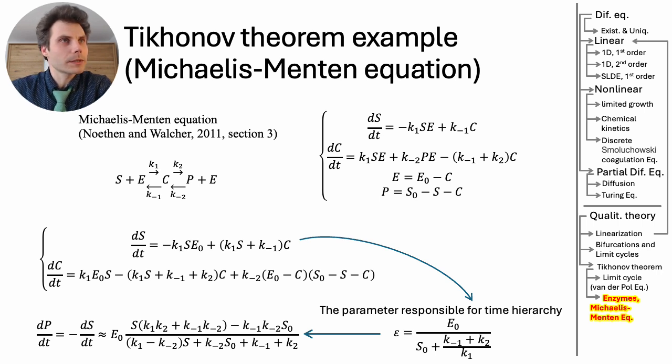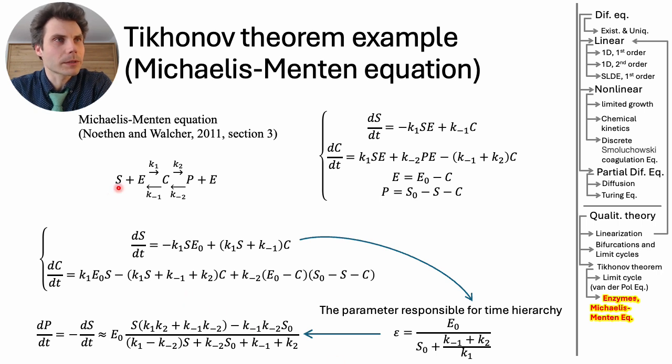We consider the reaction where a substrate S gets converted to the product P with the help of the enzyme E. And the way this reaction actually happens involves the creation of a short-living complex C, which is the product of binding the substrate to the enzyme.